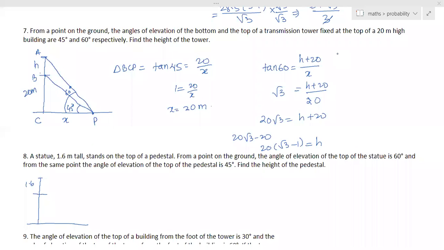And from the same point, the angle of elevation of the top of the pedestal is 45 degree. This is 45 and the full one is 60 degrees. You have to calculate the height of the pedestal, that is X.